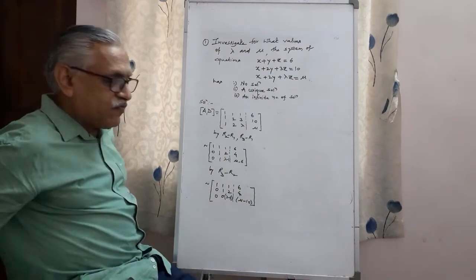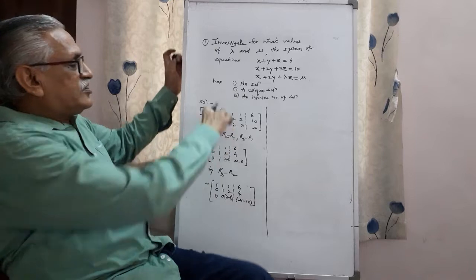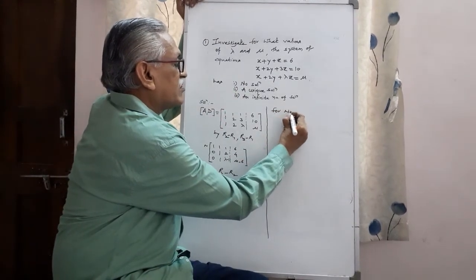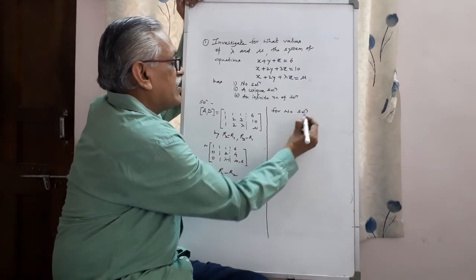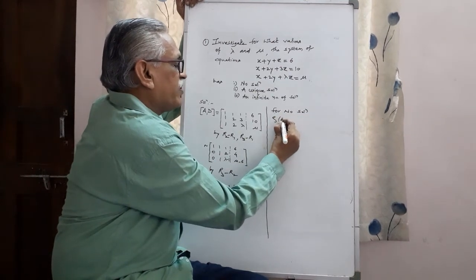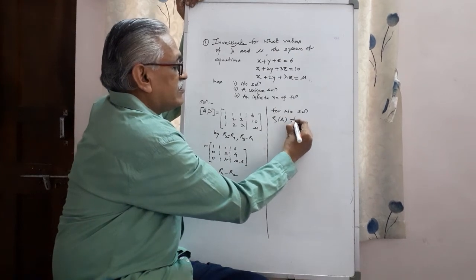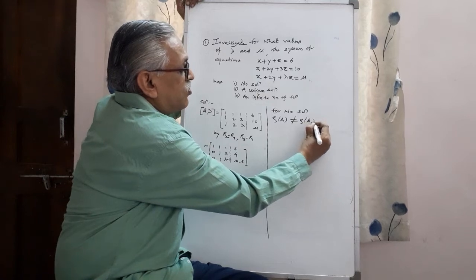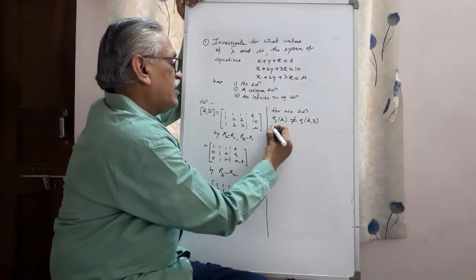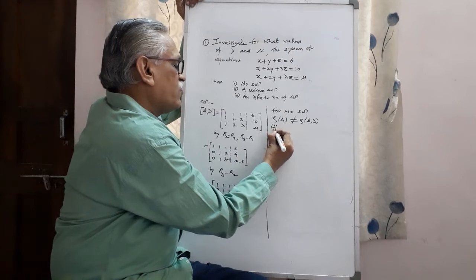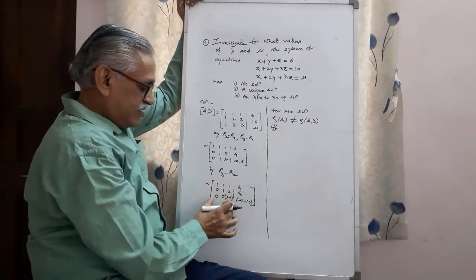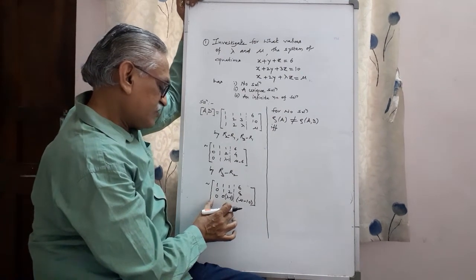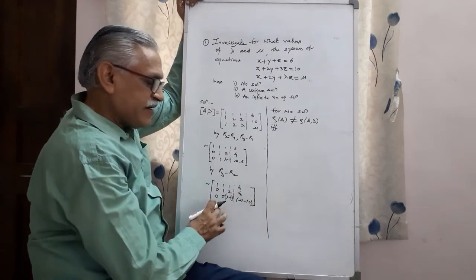And after getting the canonical form, we discuss these cases. For no solution, the required condition is rank of A must be not equal to rank of augmented matrix, and this is possible if and only if rank of A is 2 and rank of augmented matrix is 3.